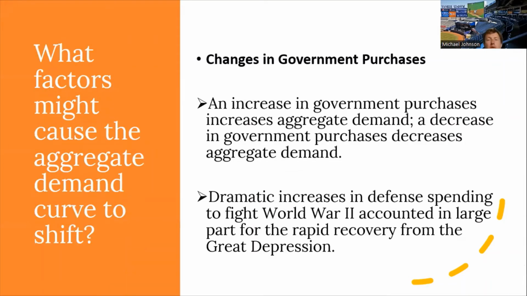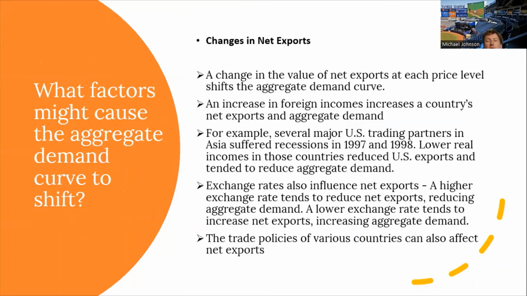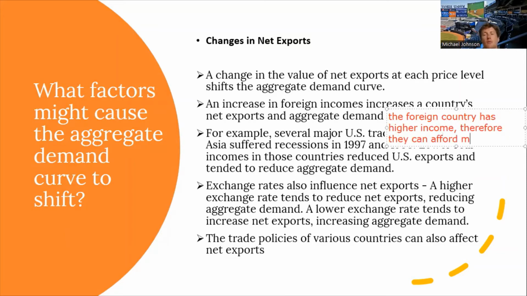So what factors might cause the demand curve to shift? An increase in net exports will shift the aggregate demand curve right. An increase in foreign incomes increases the country's net exports and aggregate demand. The foreign country in this case has higher income, therefore they can afford more of our goods.